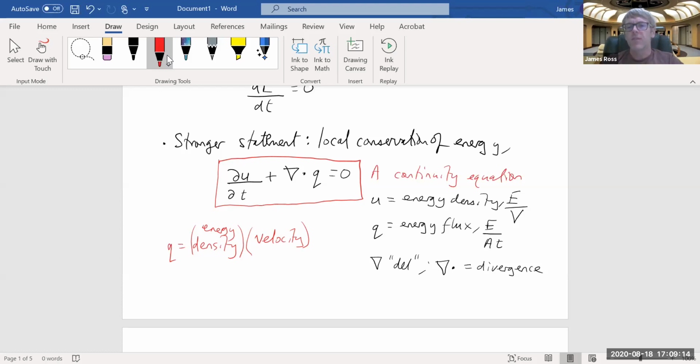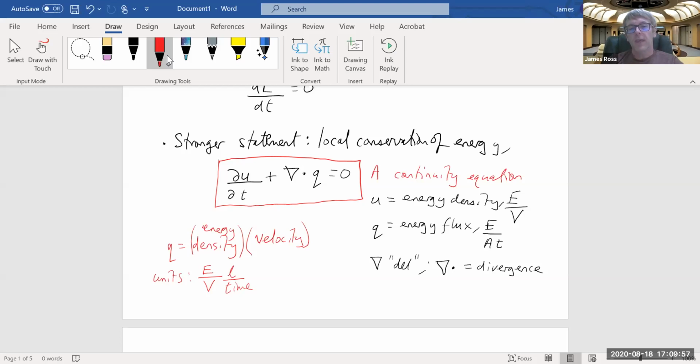And just to convince you that the units make sense, if we look at the units, we'll return energy per unit area per unit time. The energy density numerator is going to be energy per unit volume. But then we've got velocity. What are the units of velocity? For example, meters per second. So meter is a length, and we've got reciprocal time down here. So length over time would be the units of velocity.